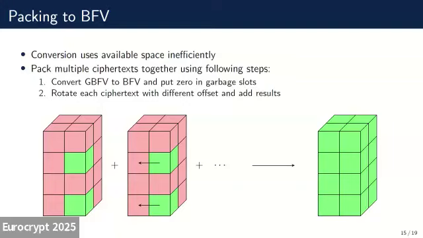And we're going to convert each of these to regular BFE using the procedure from the previous slides. On top of that, we're also going to put 0 in these red garbage slots. And then finally, we will map each of these slots from the second hypercube 1 position to the left. This is so that they will not interfere with the slots from this first hypercube. And then everything is added and forms one nicely packed BFE hypercube.